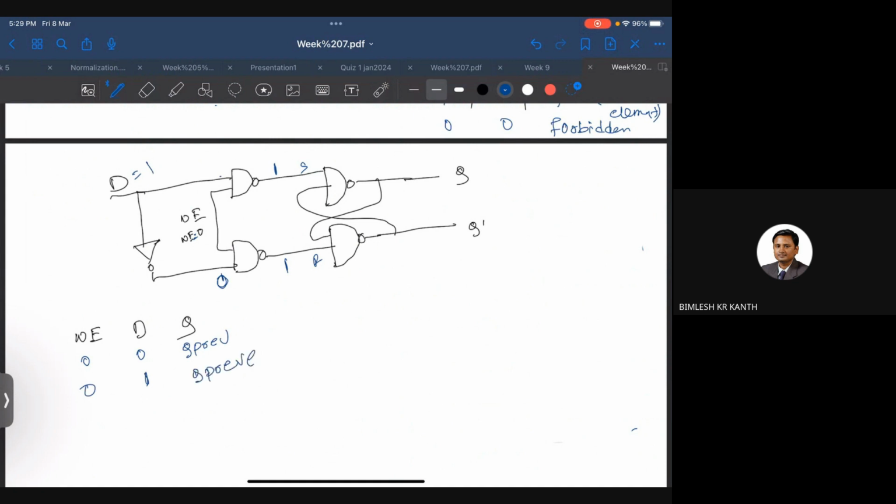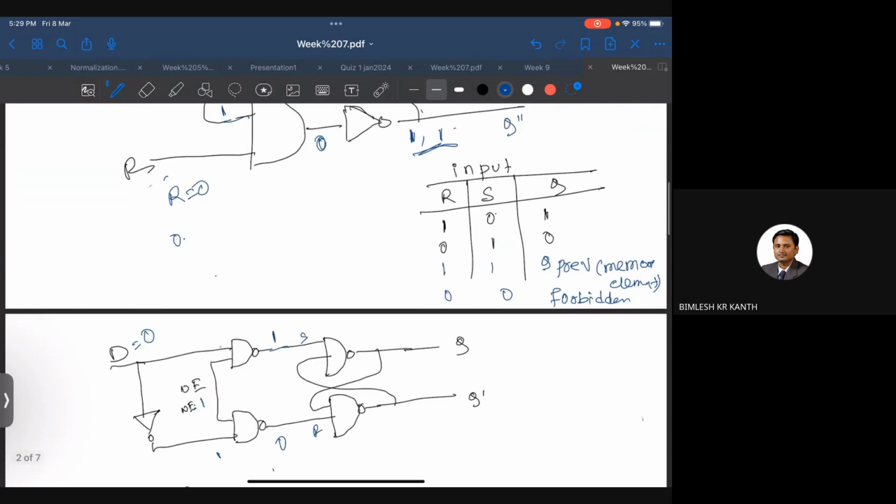Okay, let's take W equal to 1 and D equal to 0. What will happen? This will be 1 and this will be 0, so 1 0. When S is 1, R is 0, so it will be 0, right?